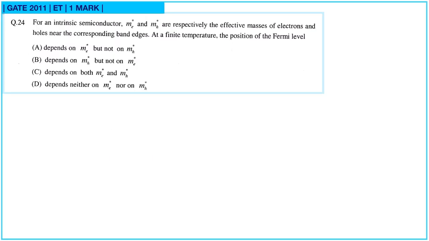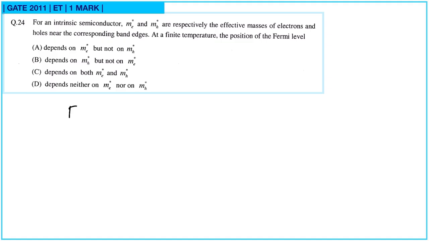Next, question number 24. For an intrinsic semiconductor, me star and mh star are respectively the effective masses of electrons and holes near the corresponding band edges. At a finite temperature, the position of Fermi level.